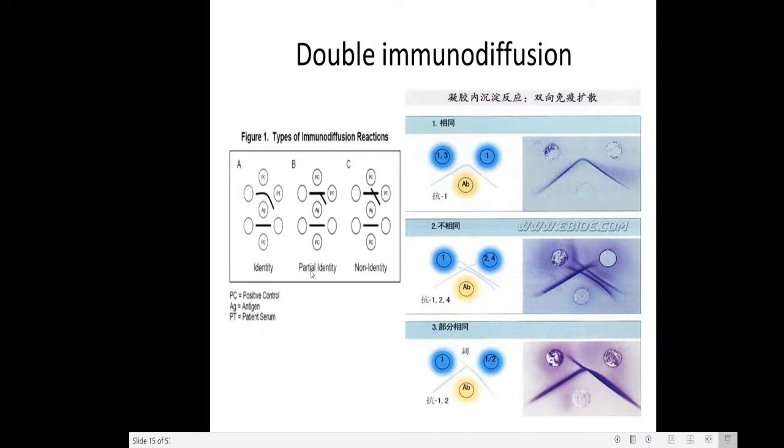Here is the other case, partially identical, which means it's not fully making a curve, it's only partially interacted, so it's called partially interacted. Here it's crossed, so this antigen and patient are not interacted.